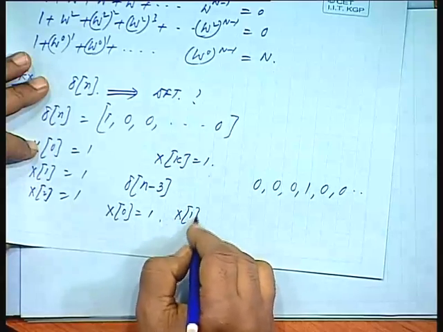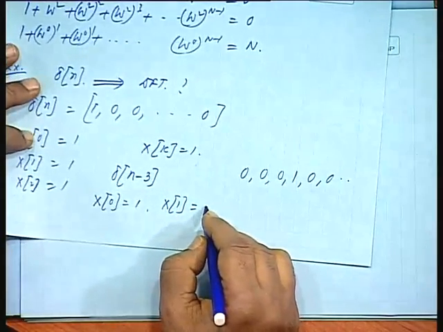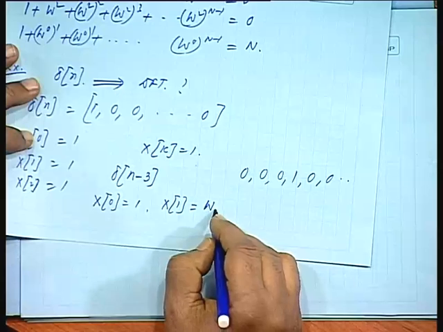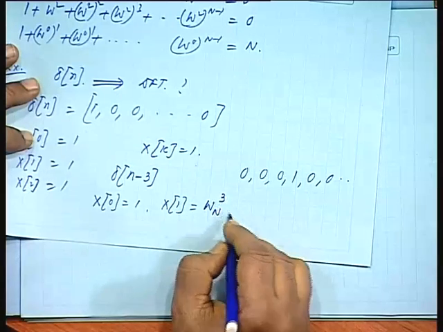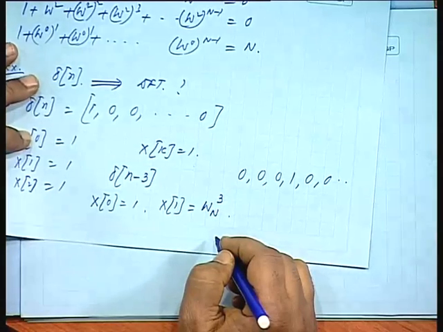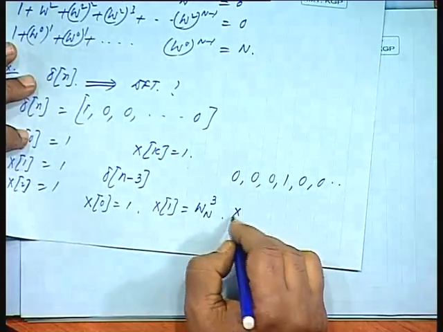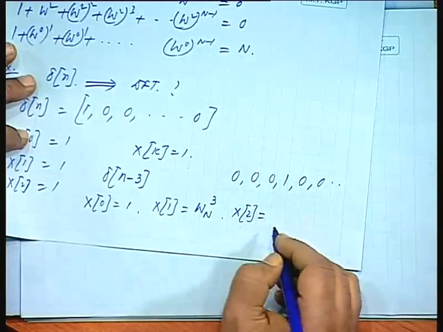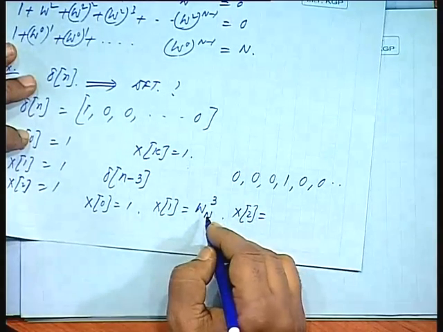X1 will be W_N^3. Do you all agree? What is W_N^3? Minus 1 by root 2 minus j 1 by root 2, third quadrant, 135 degrees. If N is equal to 8, you are considering an 8-point sequence, then it will be 135 degrees. And what will be X2?